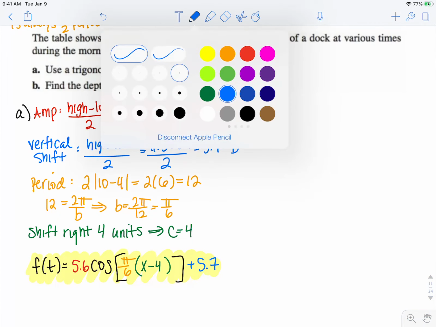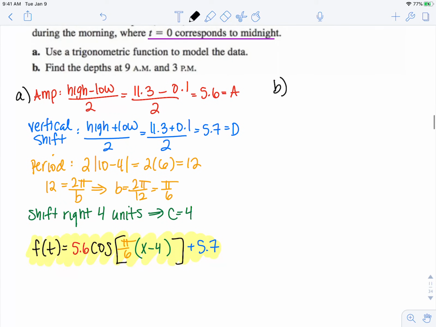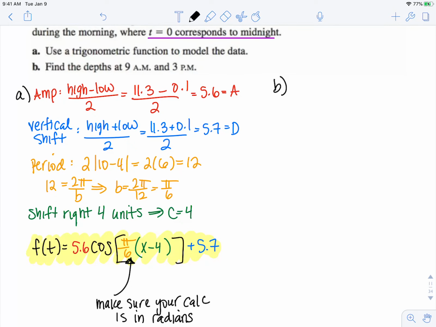So now we're going to use our calculator to do part B. And one thing I want to point out is, since we're using radians, make sure your calc is in radians. So the first thing I'm going to do is store my function.